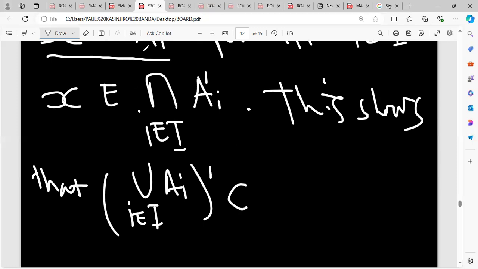So it means it's a subset of the intersection of the A_i complements.